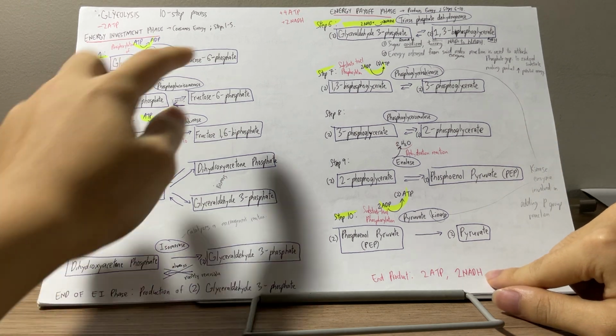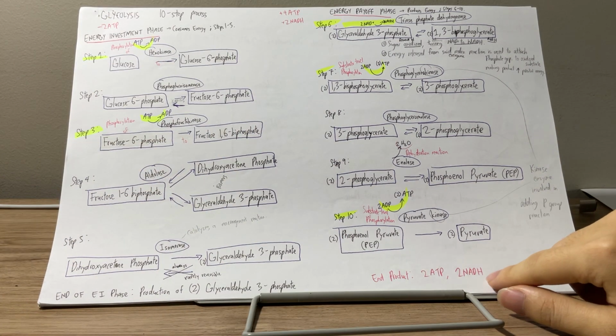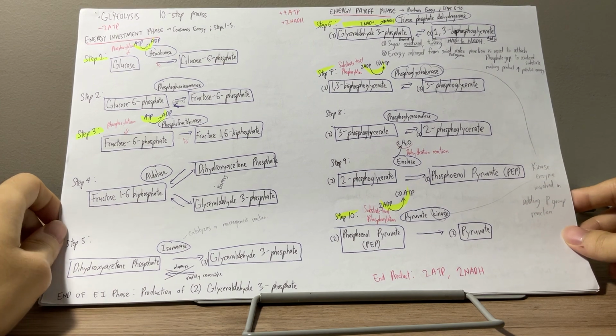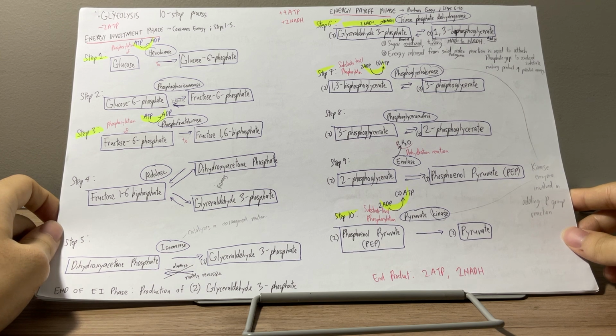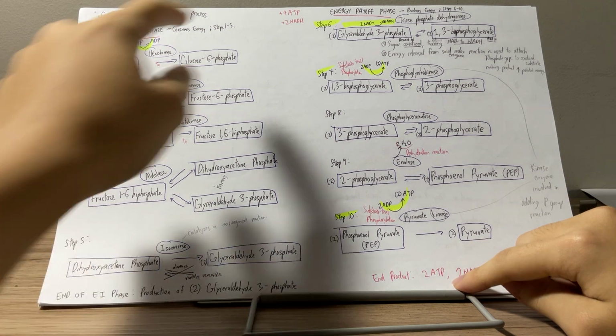What's the difference between this and this? Because usually the tendency is you have to ask, is the production of ATP actually 2 or 4?